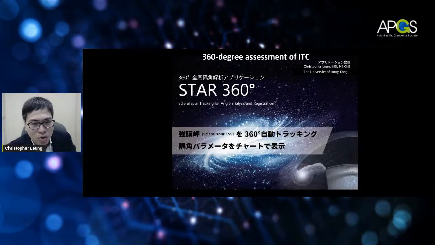But in the clinic, we don't have time to go through every scan. So we developed a tool with Tommy to optimize this process. This is called STAR 360-degree, which stands for Scleral Spur Tracking for Angle Analysis and Registration.